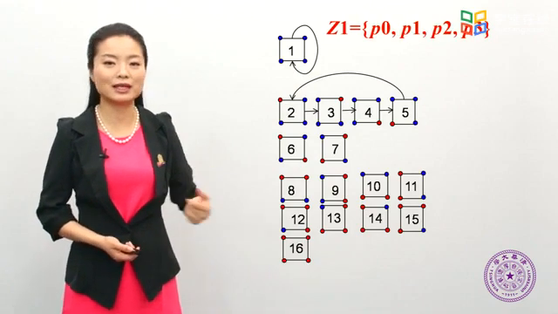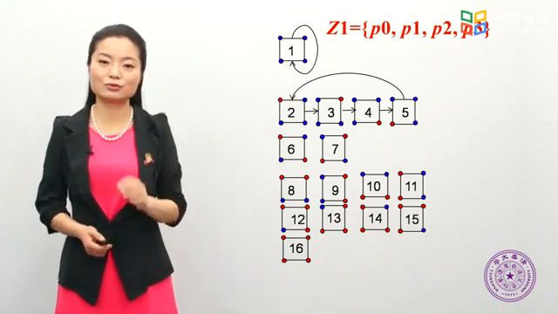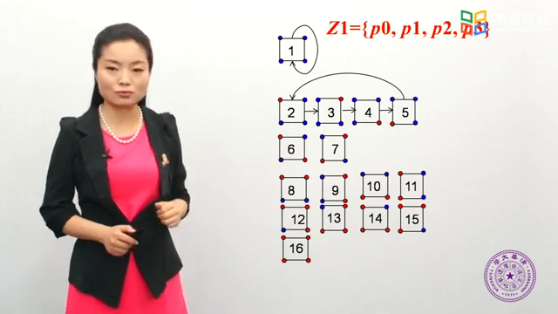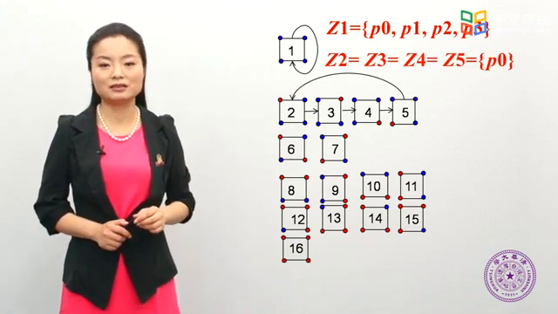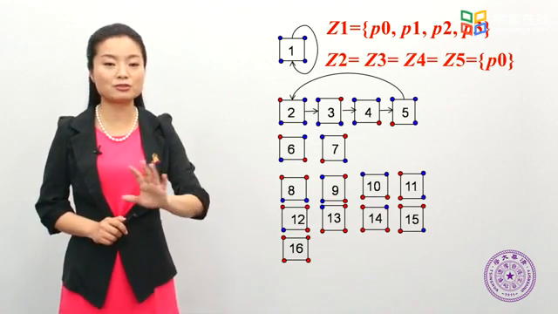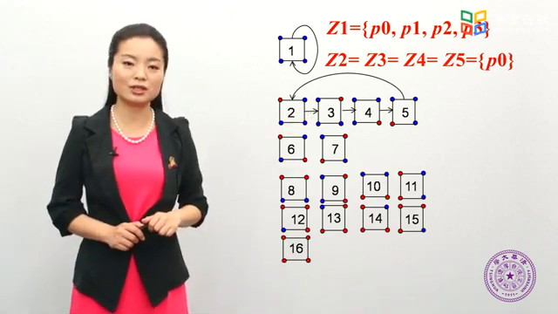Therefore, its stabilizer includes P0, P1, P2, P3. All 4 elements are included. For image 2, only P0 makes it unchanged. The rotations of 90 degrees, 180 degrees, and 270 degrees change it. Therefore, its stabilizer includes 1 element, which is P0.